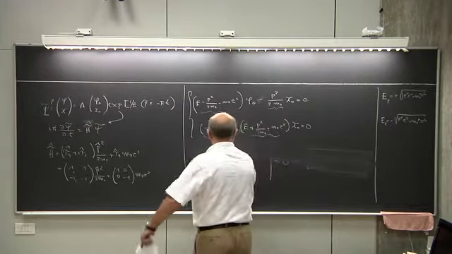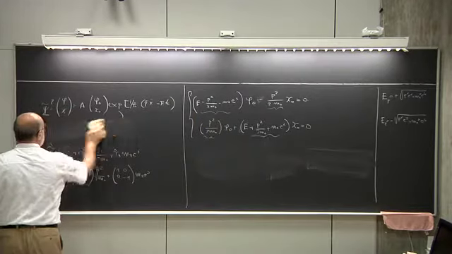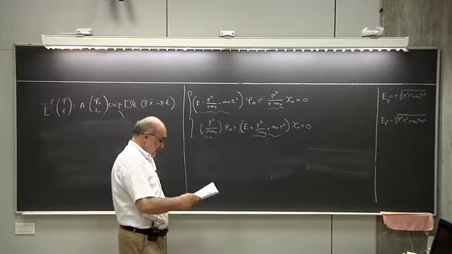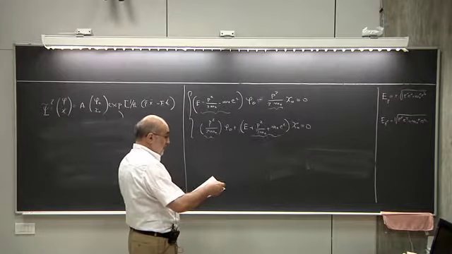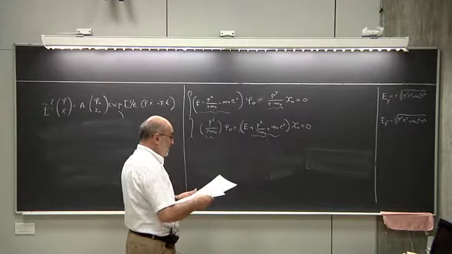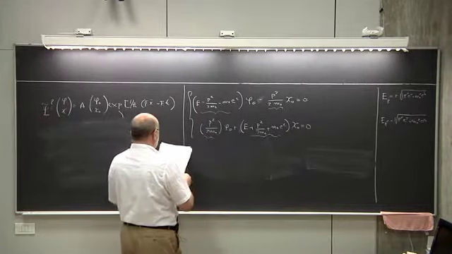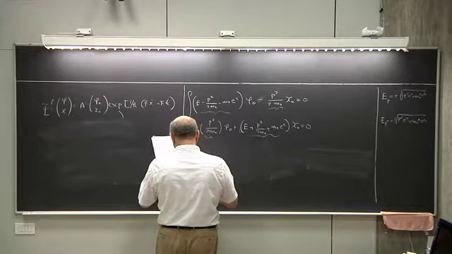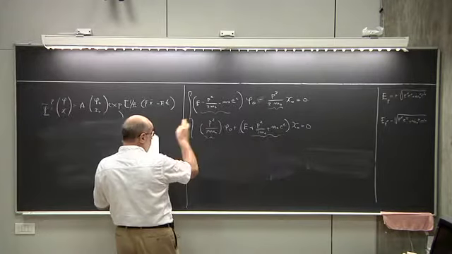So this is the equation. Now, as the determinant is 0, the two equations are related, and actually one is linearly dependent on the other. And so we can choose just one and solve it.